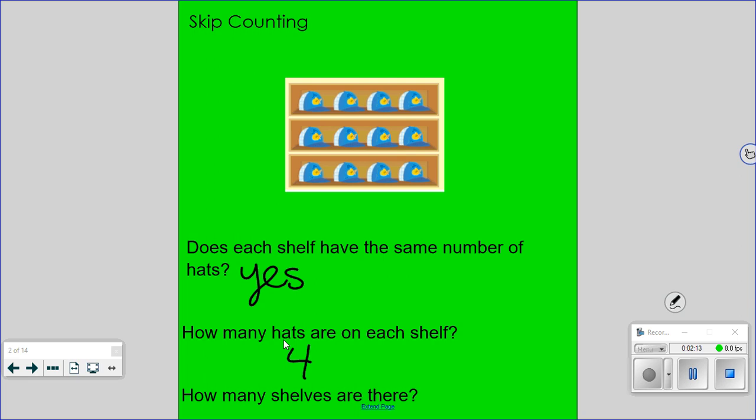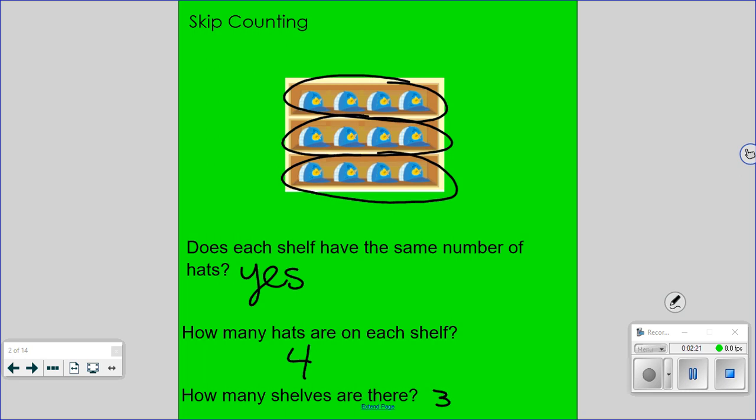There are 3. 1 shelf, 2 shelves, 3 shelves. So we're going to use this to skip count to figure out how many hats are on my bookshelf. I have 3 groups of 4, which means I'm going to skip count 4 times.